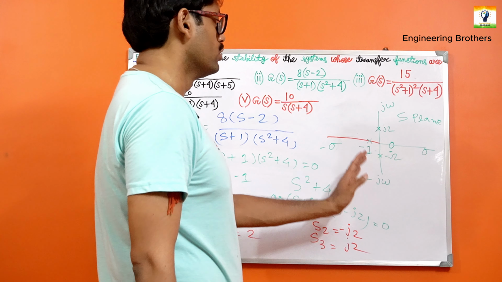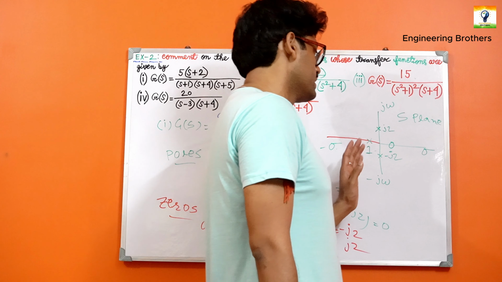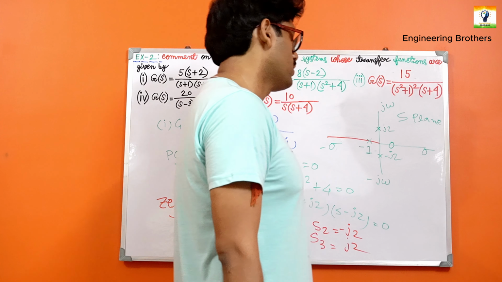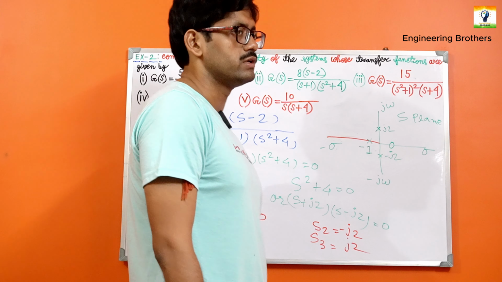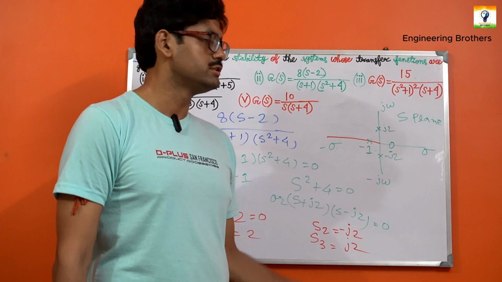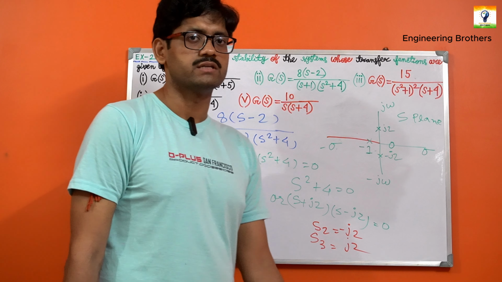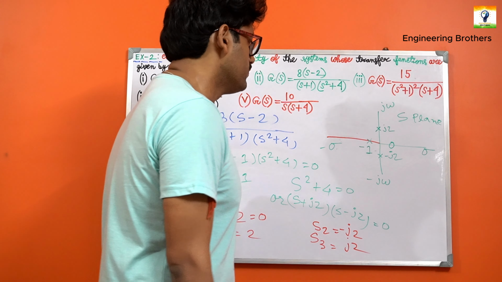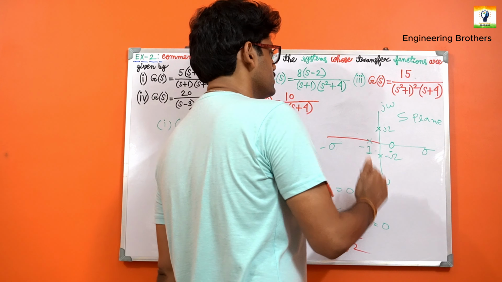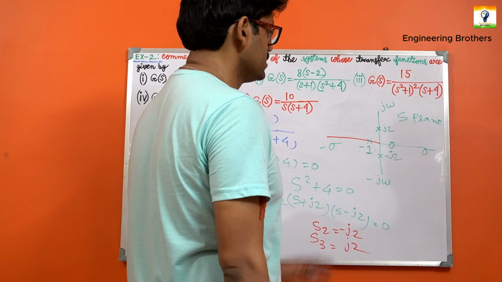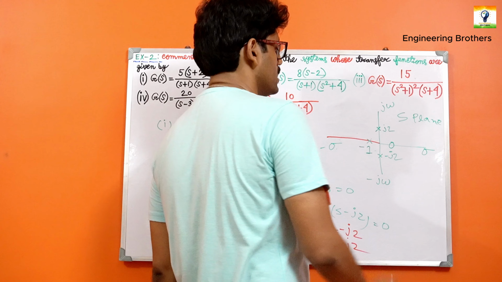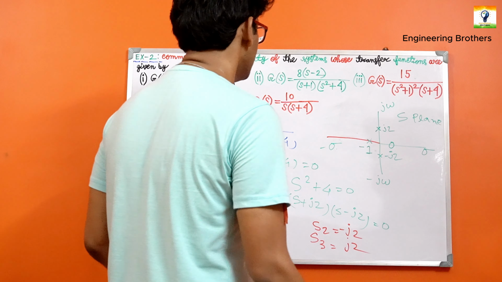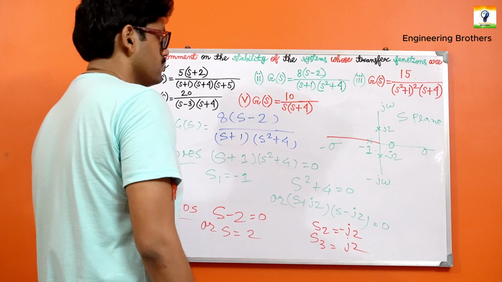As these two poles are placed on the j omega axis, they are dominating. Why do I consider these poles dominating? Because they are placed on the j omega axis, and that is why plus j2 and minus j2 are dominating poles for our transfer function.